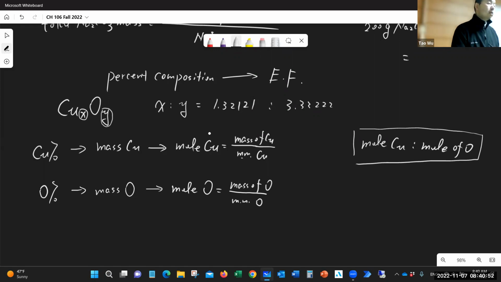Well, obviously, when you figure out the mole ratio, the number could be pretty weird, very, very weird.